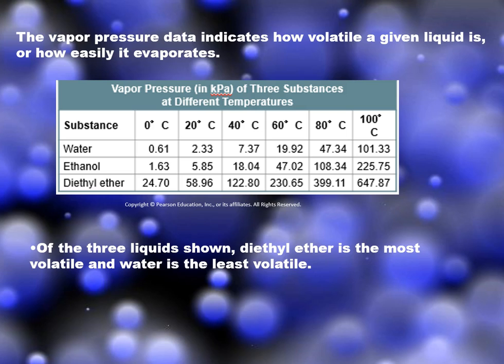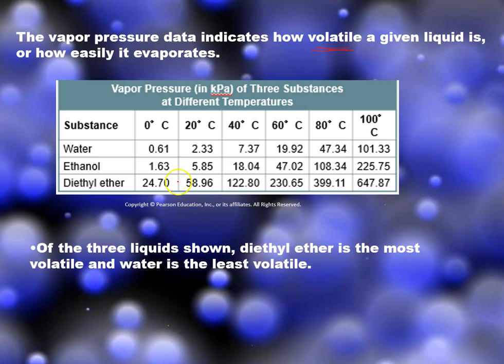Vapor pressure tells us how volatile a given liquid is. And when we say something is volatile, we're looking at how easily it's able to vaporize, how easily it's able to evaporate. And so the higher this number is, the more volatile that substance is.